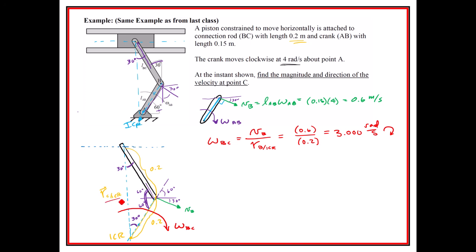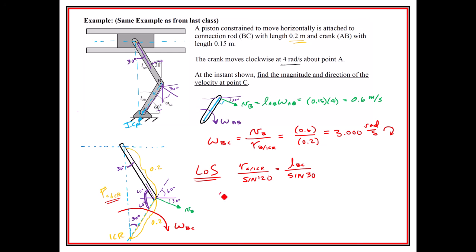Now, if we want to get R C with respect to the ICR, there's definitely a couple different ways we could do it, but let me use law of sines. We can find it with law of sines. Just take R C with respect to ICR, divide it by the sine of 120. Ooh, that's ugly. I hate that thing. And that's going to be equal to L BC divided by the sine of 30.